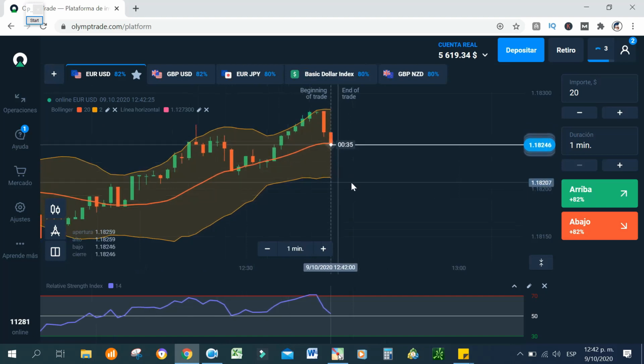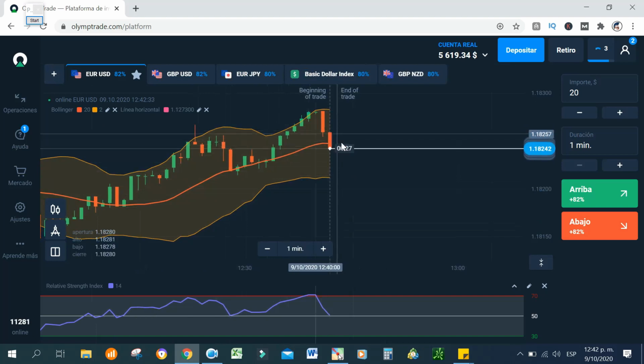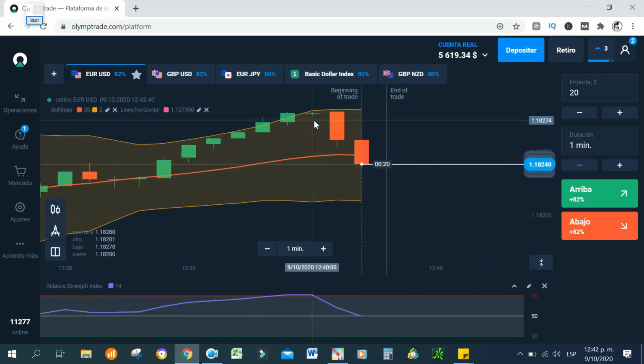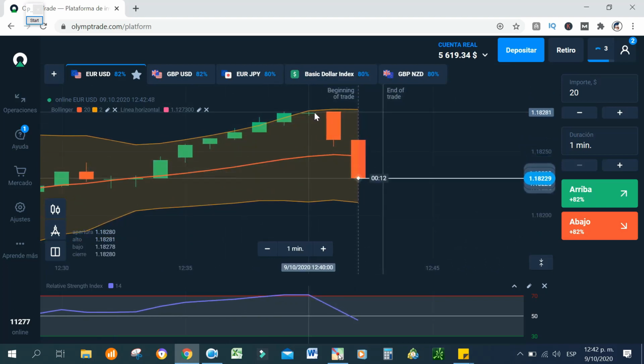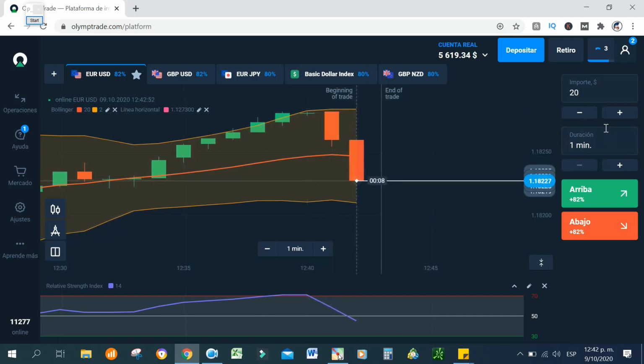Something else you need to know about this trading strategy is you need to take the trade just at the close of the candlestick. For example, if this little candlestick, which is a doji candlestick, is closing, you need to be prepared to make this sell in time, because the expiration time here is exact.